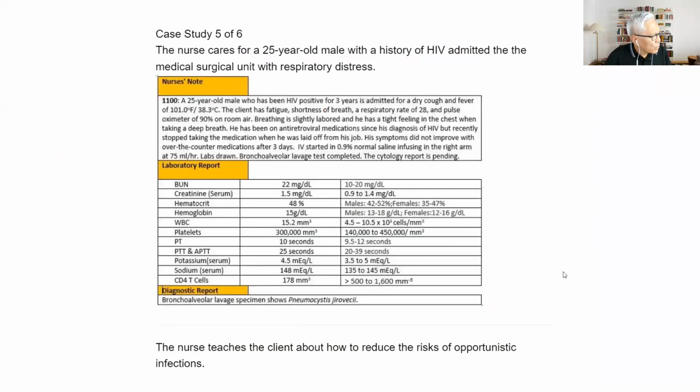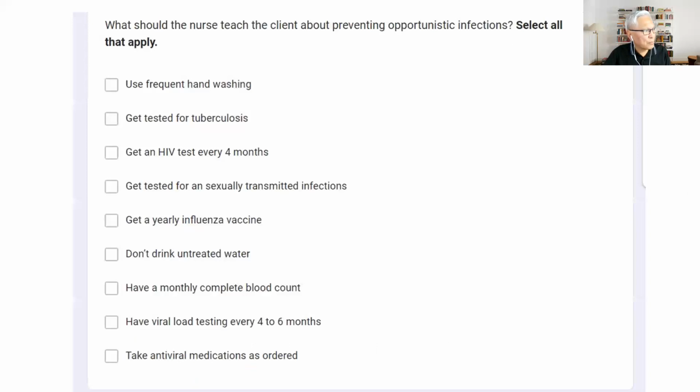Okay, so the nurse teaches the client about how to reduce the risk of opportunistic infections. This is the only one that's new in our case, the statement right over here. So what should the nurse teach the client about preventing opportunistic infections? You're going to select all that apply.